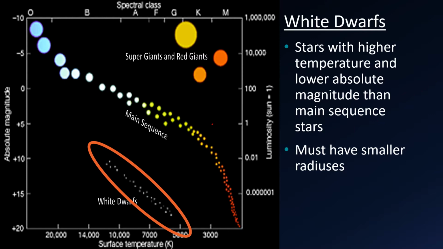And we can see a very definite pattern right here where these are just slowly getting colder and colder. And as that happens, as temperature goes down, their luminosity is also going down. So these are actually the youngest white dwarfs up here at the top. And down here at the bottom, we have our oldest white dwarfs.